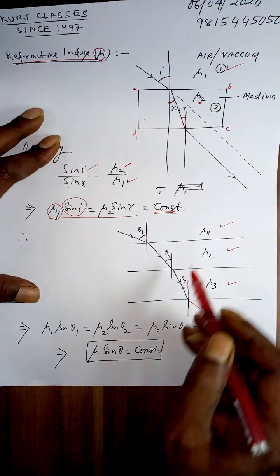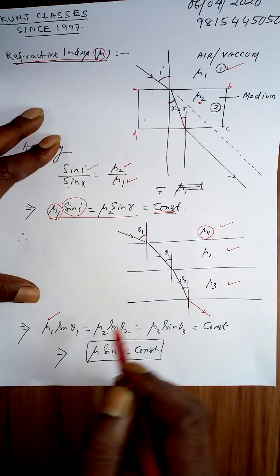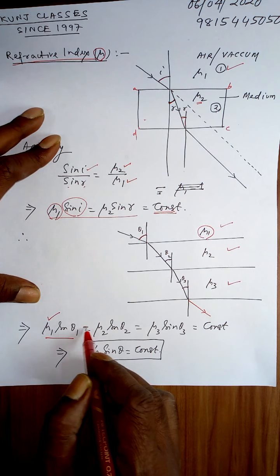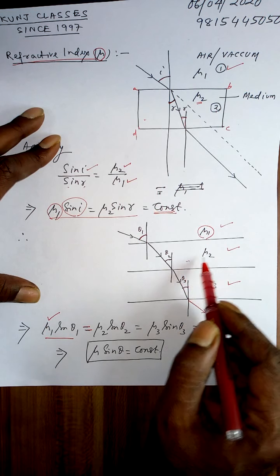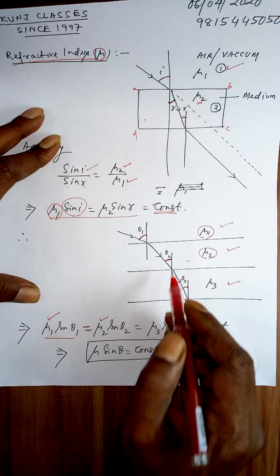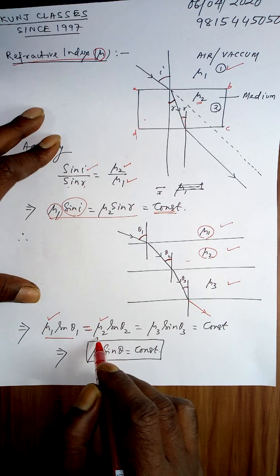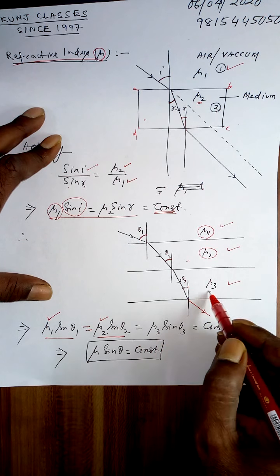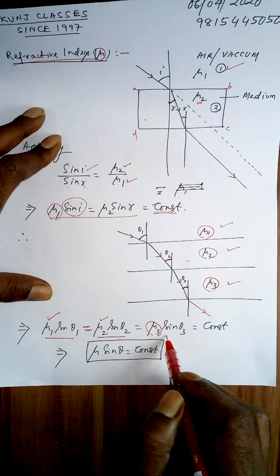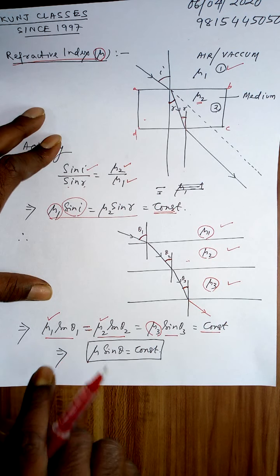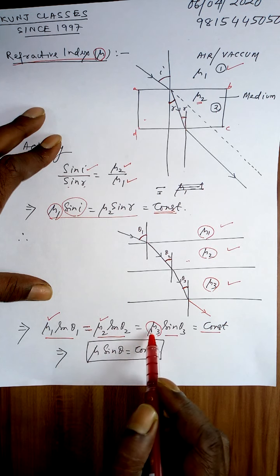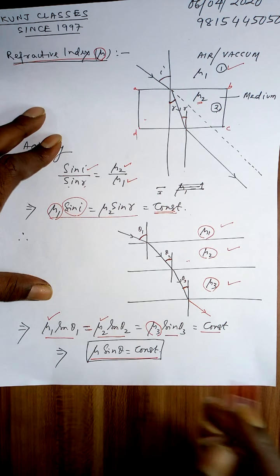So mu1 sine theta 1 is equal to mu2 sine theta 2, which is equal to mu3 sine theta 3, and that is constant. So if you look at these three things, the conclusion is mu sine theta, mu sine theta, mu sine theta. That is, mu sine theta is constant.